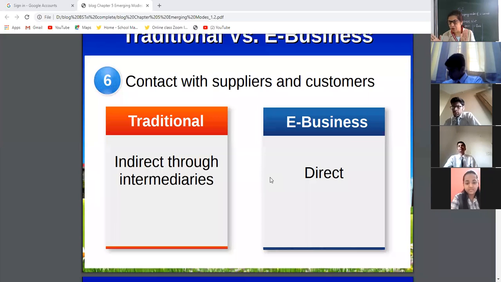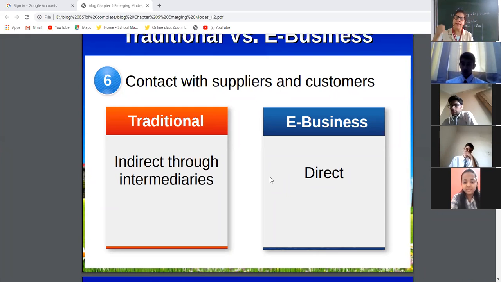The producer produces goods and sells in bulk quantity, large quantity, to wholesalers, because it is not possible for the producer to open their shop in every part of the country. So generally they appoint agencies, wholesalers. They sell in bulk quantity to wholesalers.